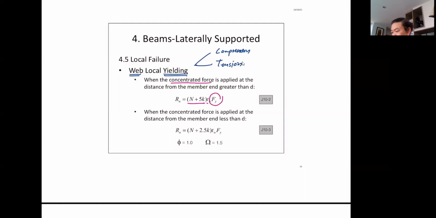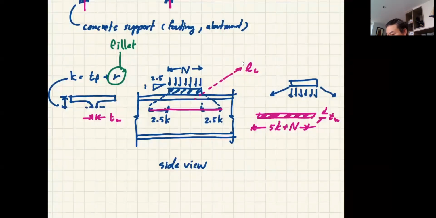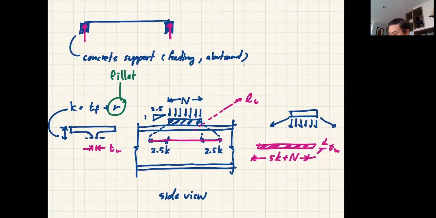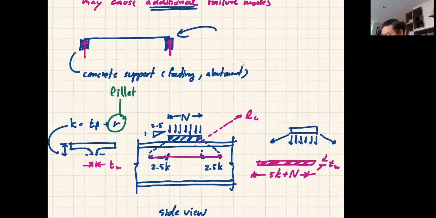Okay, but there is another condition, right? Let's see if we look at this beam and this load N is at the support. Okay, the same picture is going to happen, but this time, if I draw the support, you see this time you only have one side of distribution.